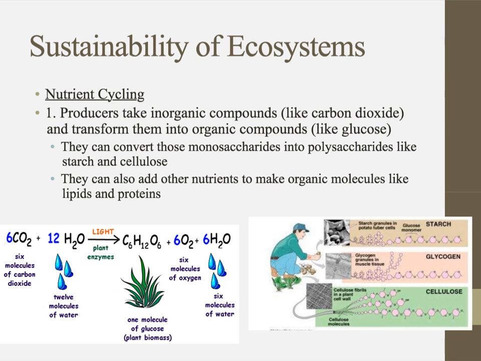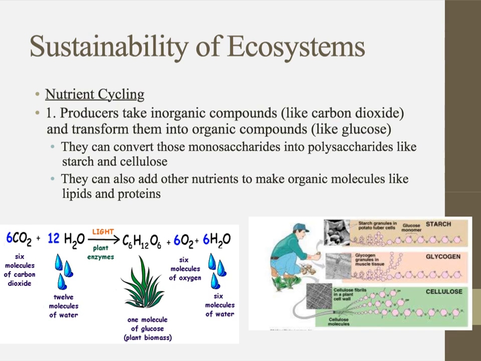So here's the basic thought behind nutrient cycling and how our ecosystems maintain sustainability over long periods of time. It's all going to start with our producers, because the producers take inorganic things like carbon dioxide from the air or water from the ground, and they transform them through the magical process of photosynthesis and other processes into organic compounds like glucose, like sugars.